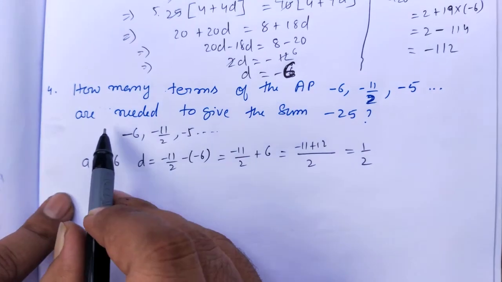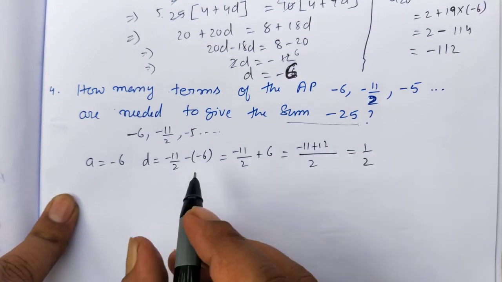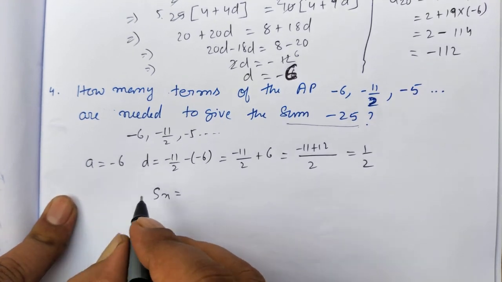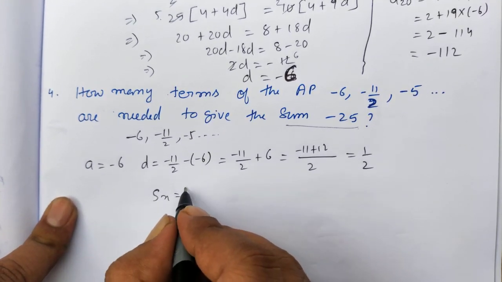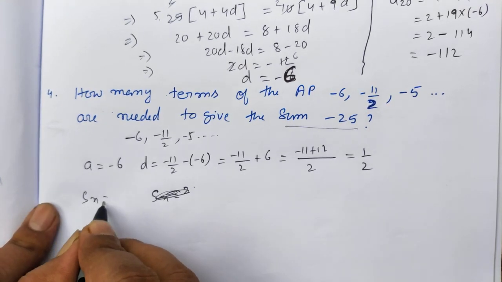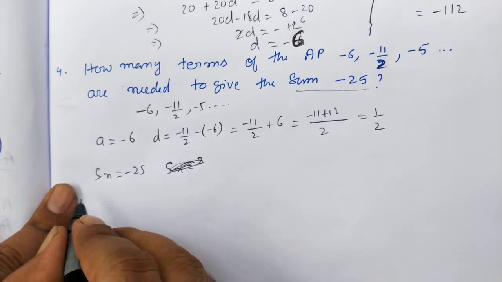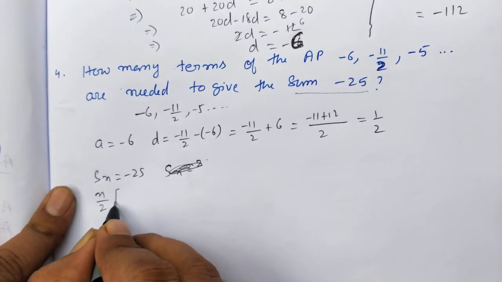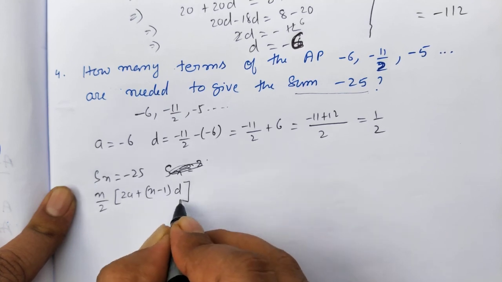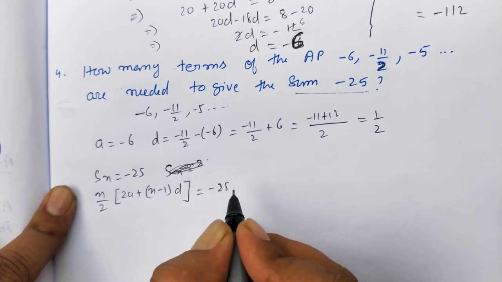The sum is given as minus 25. I'll do it from the corner so that there is space. Sn is given as minus 25. The Sn formula is n by 2 times (2a plus (n minus 1)d) equal to minus 25.